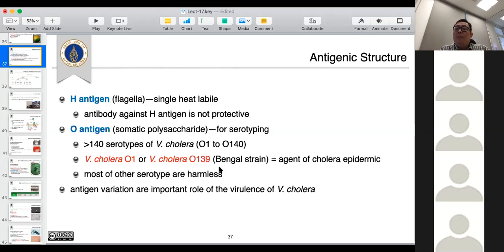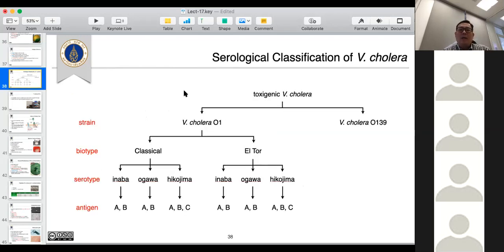This causes epidemic cholera. Cholera is actually the name of the disease that V. cholerae causes. In Thai we call it Ahiwatakarok. So among toxigenic Vibrio, we have O1 and O139.